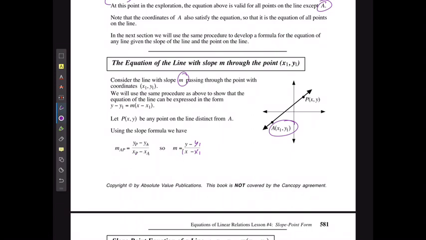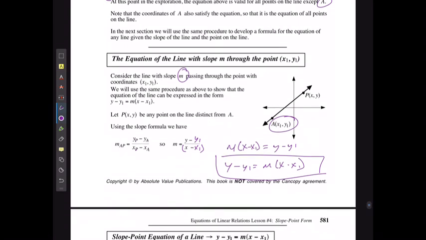Then, if I multiply both sides by that x minus x1, I'm going to wind up getting m x minus x1 is equal to y minus y1, or because they're equal to each other, I can flip the order and say y minus y1 is equal to m x minus x1. And this is our slope point formula, which means that we just derived it from our slope formula.